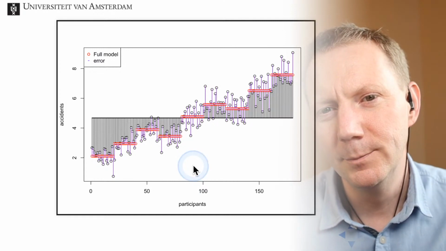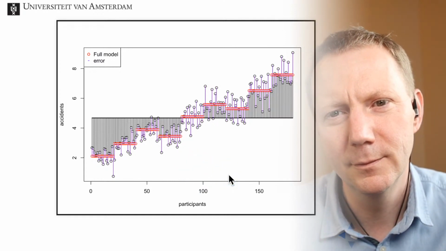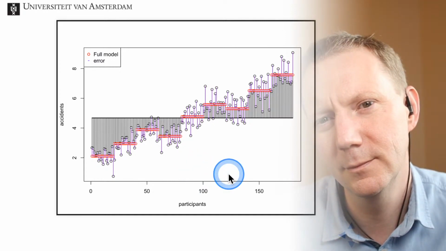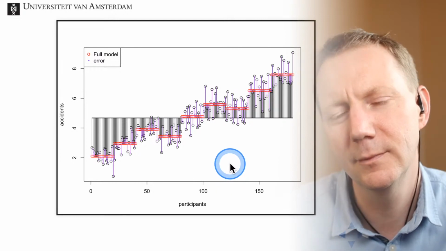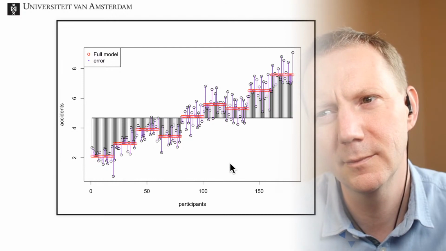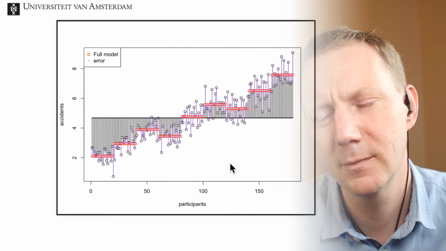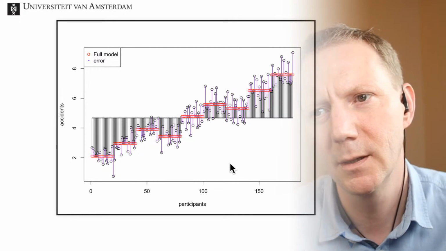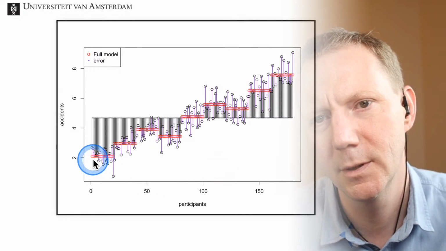So I'm just curious, if the error is the part that is basically the distance between the subject and the group mean, how could the error ever be higher than the explained variance? Because the group mean is always closer to the individuals of that group than the total mean would be, wouldn't it?